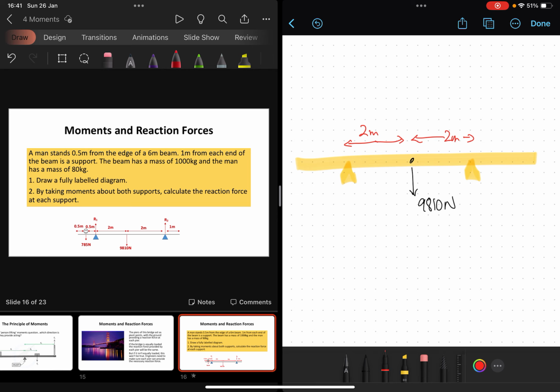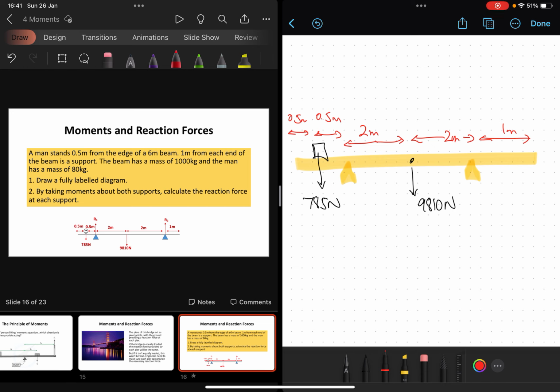We've then got an extra 1 meter of distance over there, and on the left hand side we've got some object providing a force of 785 newtons, and that object is half a meter in, and we've got an extra half a meter over there.